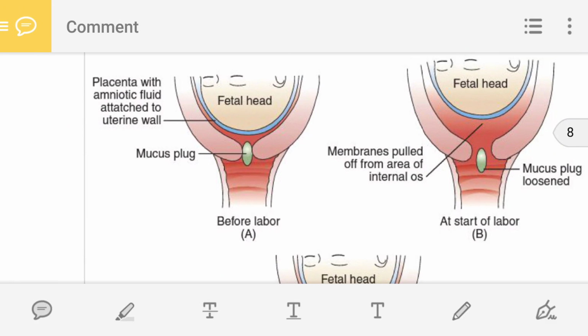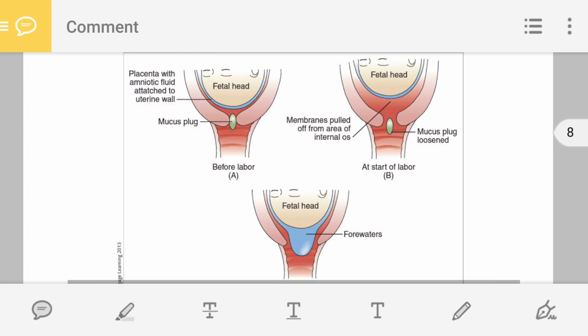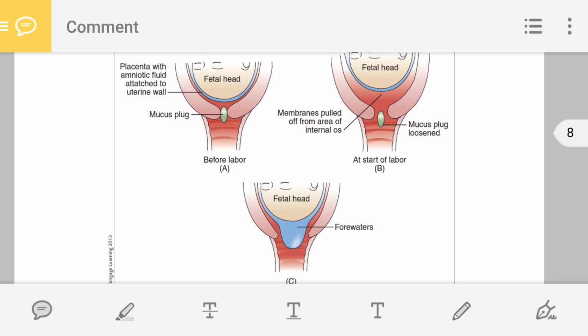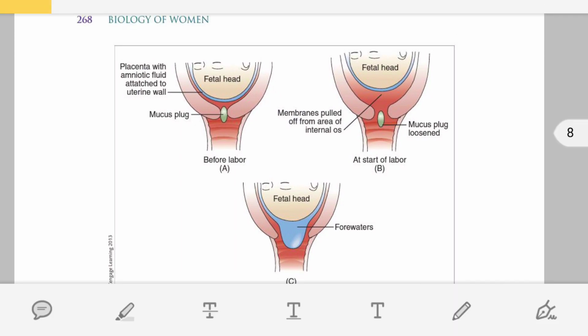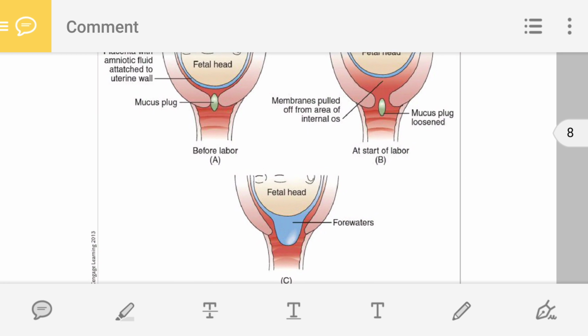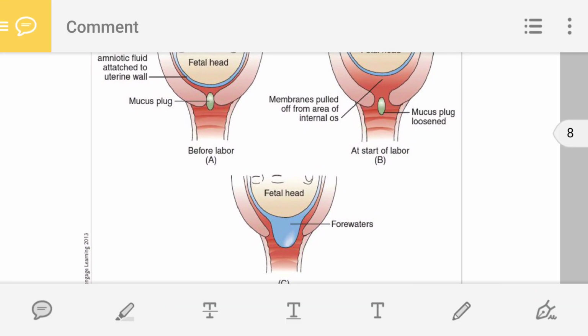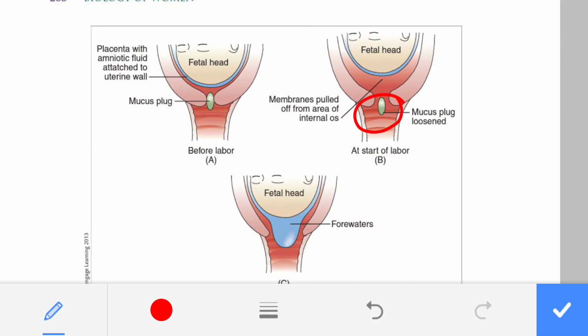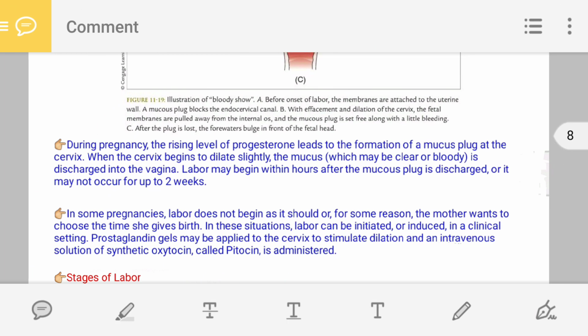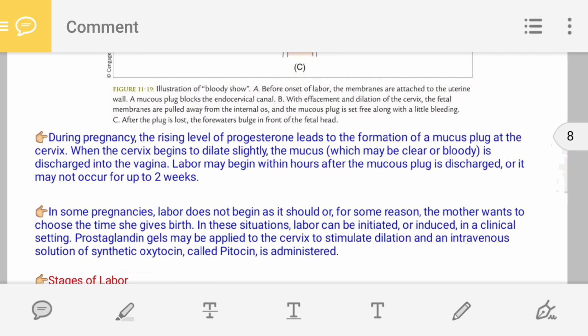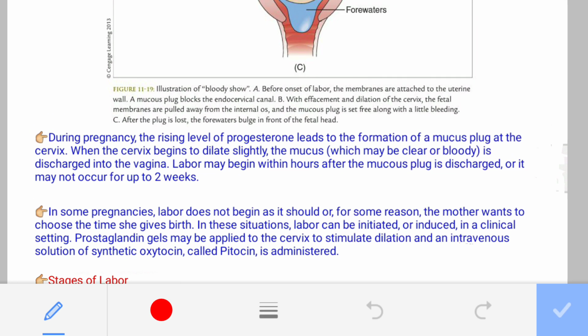But now the pregnancy period is over, the 9 month duration is over, so this mucus plug is discharged. As you can see here, this mucus plug is discharged now. When this mucus is discharged, it is somewhat clear, and sometimes it has blood.